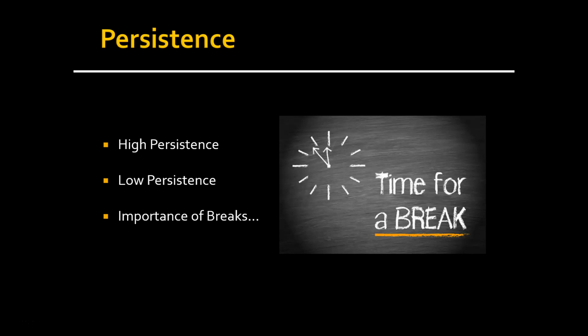But the low persistent people are ones that work in that location and then take a break and then come back, okay? And research has shown actually that low persistence is better. Breaks are important because they actually stimulate our minds, so we should definitely strive to be low persistence. And I'm going to share with you on the next screen why that happens.